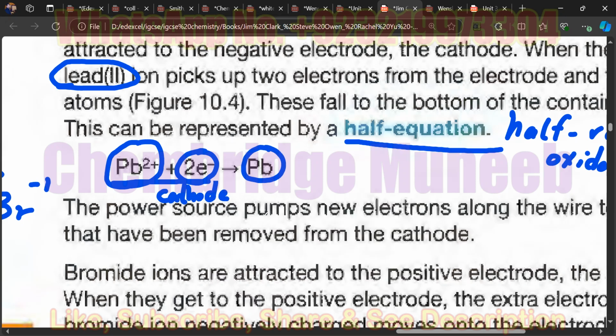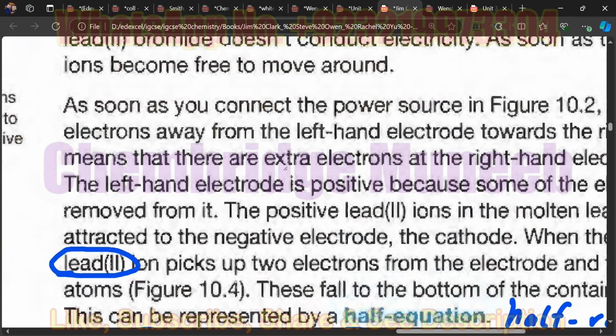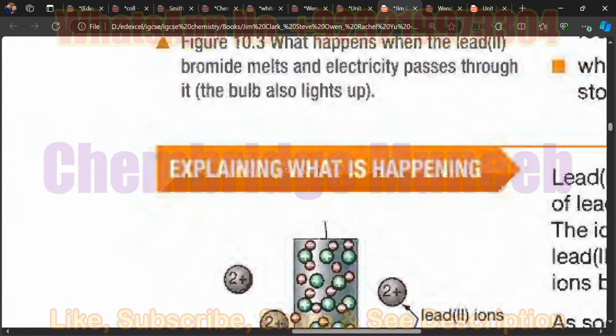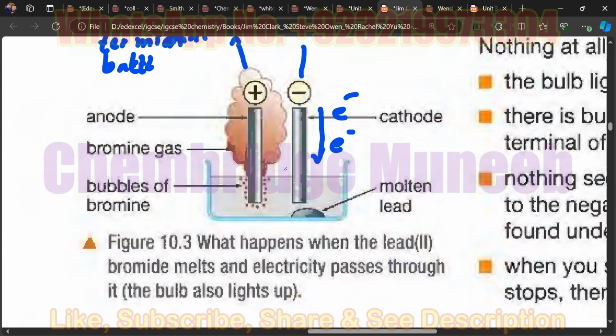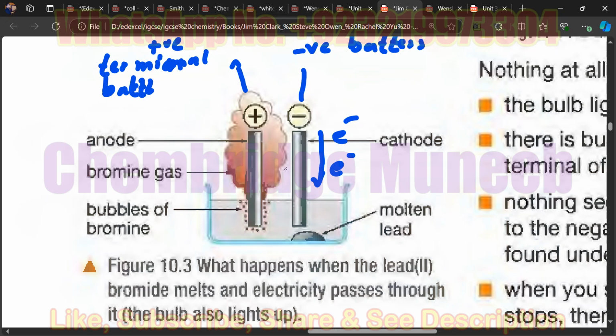And as a result of this provision of electrons, the lead ions gain the electrons and are converted into lead atoms, or you can say lead metal. Now this lead metal starts accumulating on the cathode, and it is being deposited at the bottom of this container.